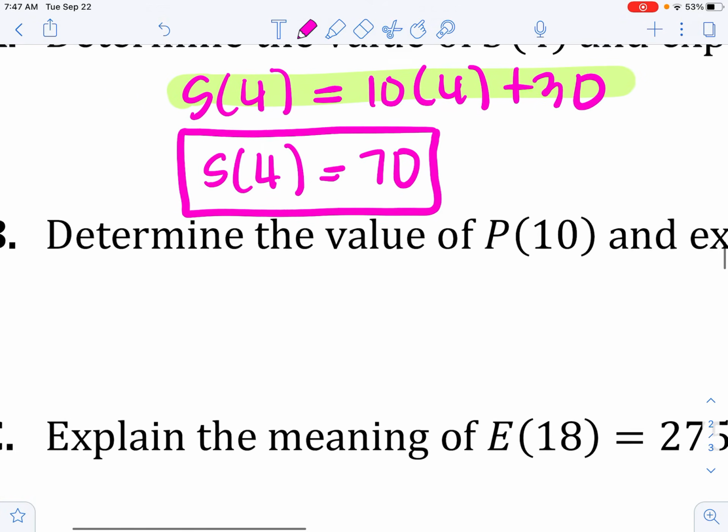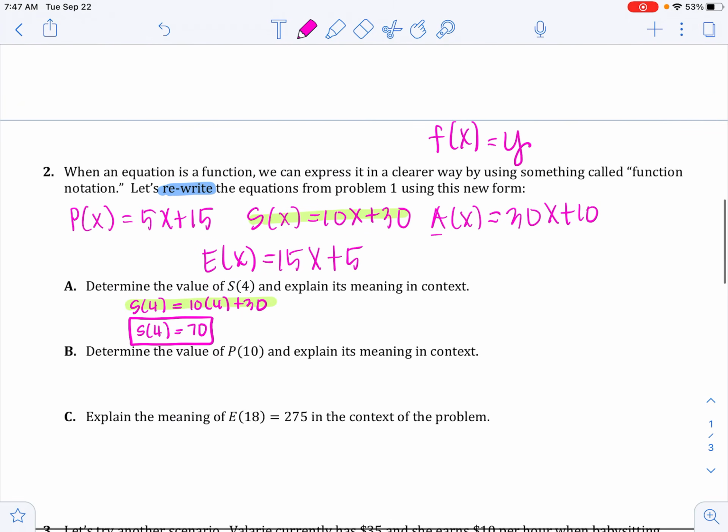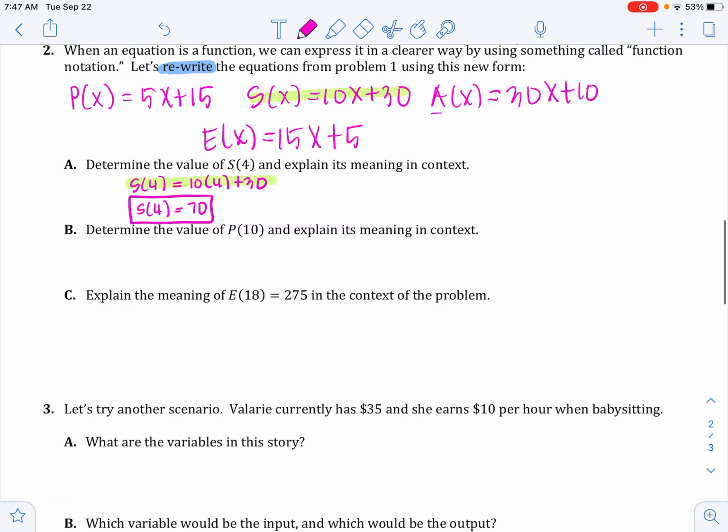Okay, so now I want to explain what this means. Remember, the s stands for Sydney, the 4 stands for a number of weeks, and the 70 stands for how much money she has. So I'm going to write that as a sentence.